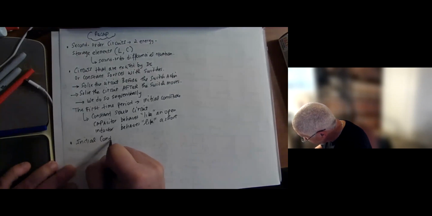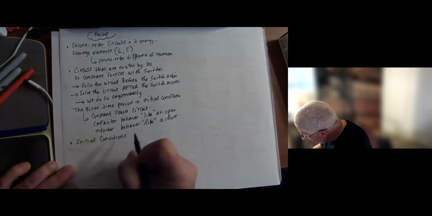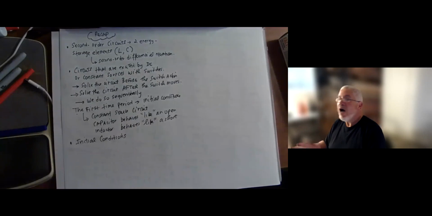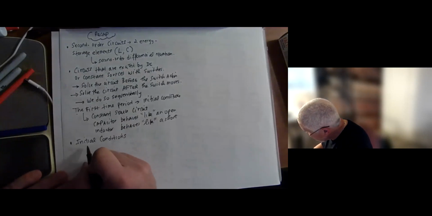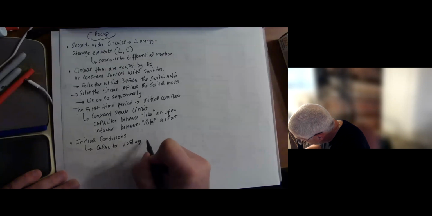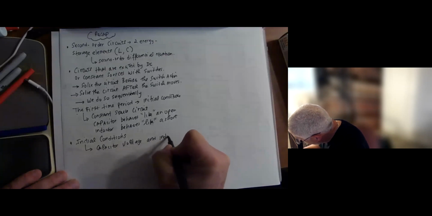So finally, let's talk about initial conditions. Of course, we get our initial conditions from the first time period. Okay, that's what we get. And regardless of what you are being asked in the circuit, the initial conditions need to be calculated: capacitor voltage and inductor current are the initial conditions.